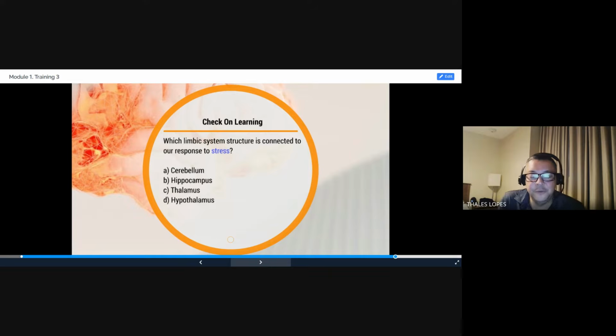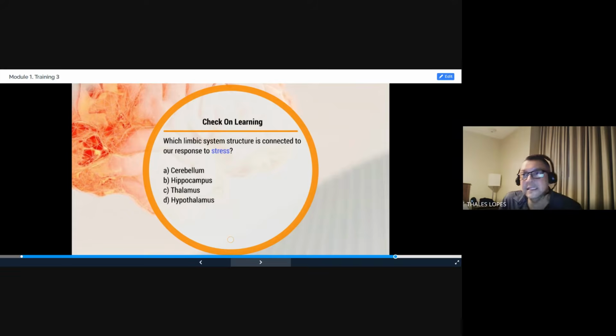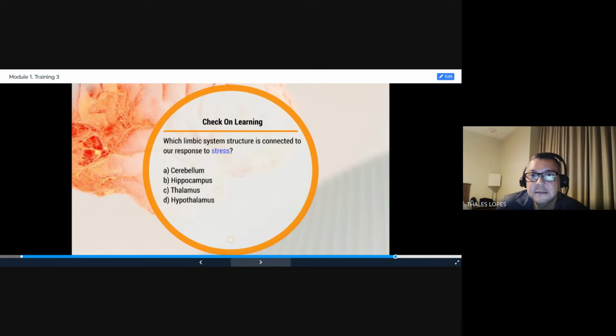It almost says balance in there too. What is the test name that we do when we say stand up, put your arms forward, close your eyes, and we assess it? Romberg test. Remember that, and remember that it is connected to the cerebellum.